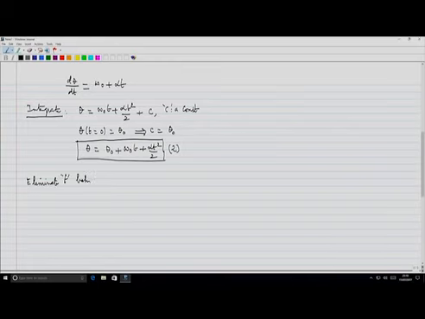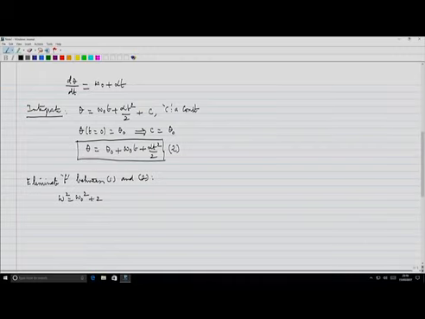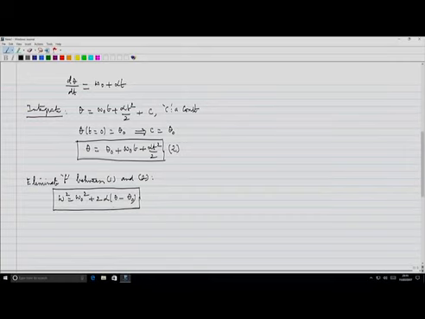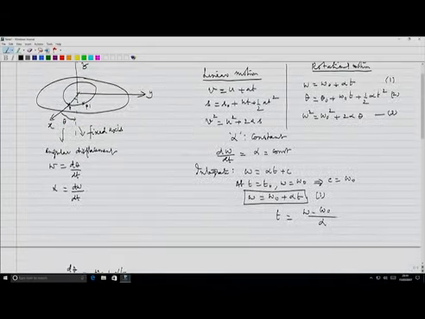You can do it and you will get omega squared is equal to omega naught squared plus 2 alpha times theta minus theta naught. So this is the third equation. Only thing you will find is that when I wrote it here, you will only have 2 alpha theta.